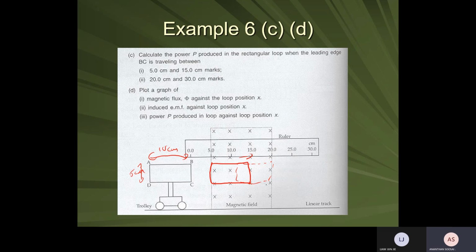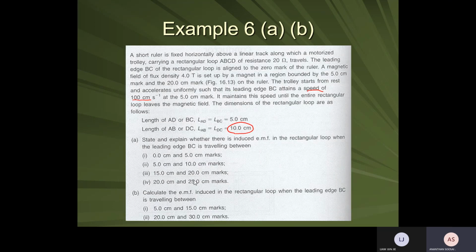The flux is decreasing, so the current should raise the flux. How can we raise the flux? Create a magnetic field in the same direction as the original magnetic field. The original magnetic field is into the page. The flux is dropping and I need to raise it, so the same direction, which means the current should be clockwise. That's question A.